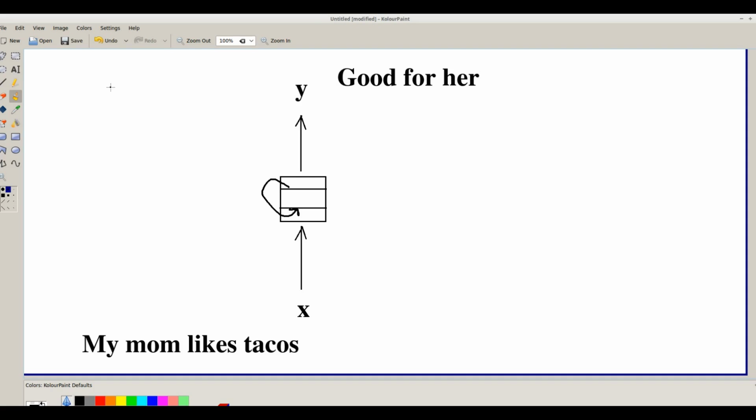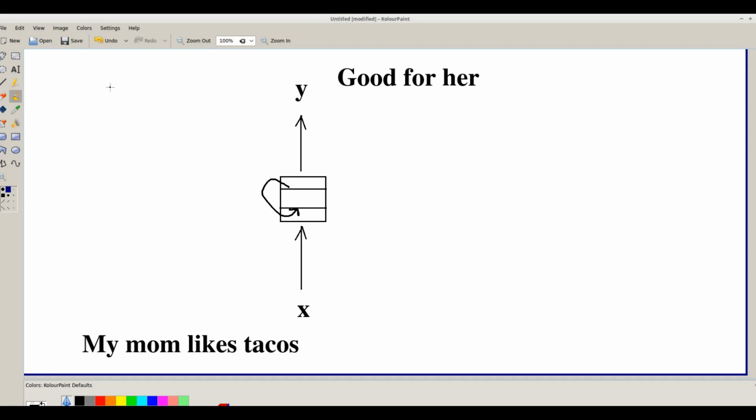Maybe it's just remembering those words, or maybe you've actually already reduced it to some internal representation that to you is the understanding of my mom likes, and you're sitting there saying, your mom likes what? What does she like? And you're just waiting for tacos to come out, and then you say, she likes tacos. That's what she likes. I don't know how quickly the processing happens. Maybe it waits for the final word before we process, but you could, in theory, have the processed version of it recurring, and then when tacos comes in, it knows exactly what to do with tacos. It puts it in the slot of the things your mom likes.